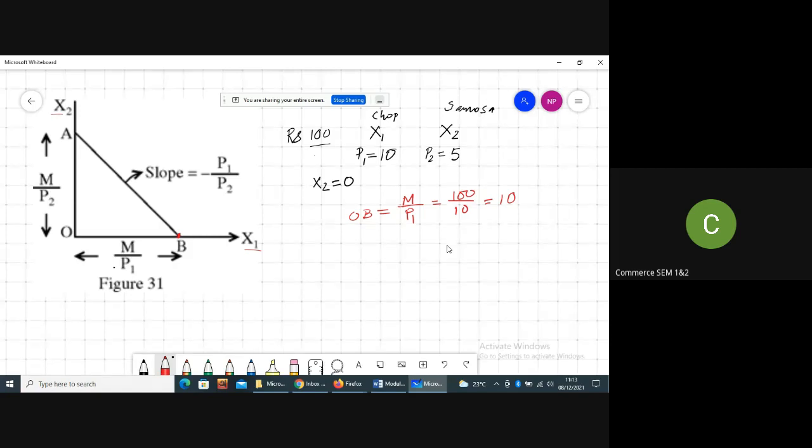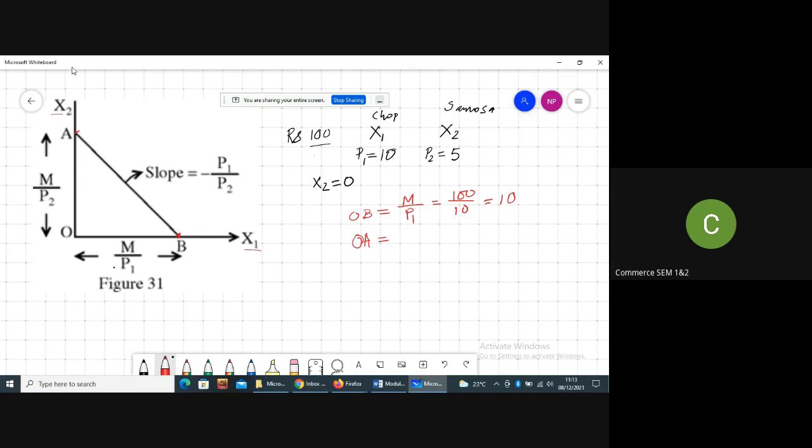Now, how do you find the distance OA? What will be the value of OA? At point A, you are consuming only X2 and 0 amount of X1.